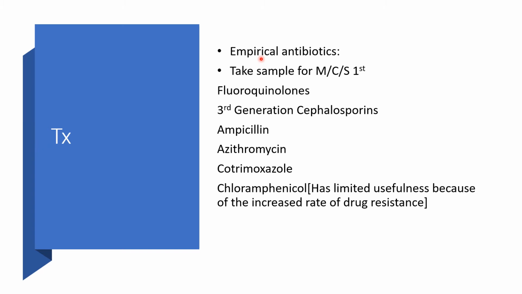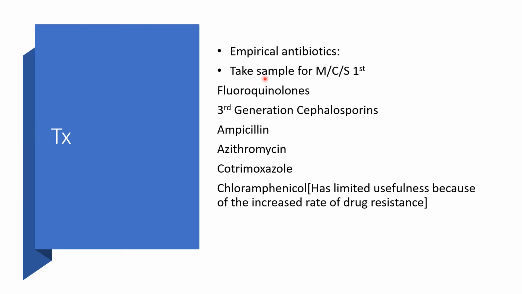They don't have the gadgets to do all the big investigations, and you want to treat, you want to save their life. So, high index of suspicion, and then that will lead to the diagnosis, and at the same time, you commence treatment empirically. So you give empirical antibiotics in that case.